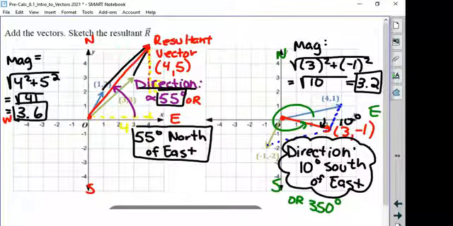So if we start out east, we're moving 10 degrees south of east is what that's saying. Okay, so again, we're just trying to get an idea of what we mean by direction in degrees and what we mean by magnitude. Magnitude is length, and the direction is just how many degrees it is from east or west or relative to 0.